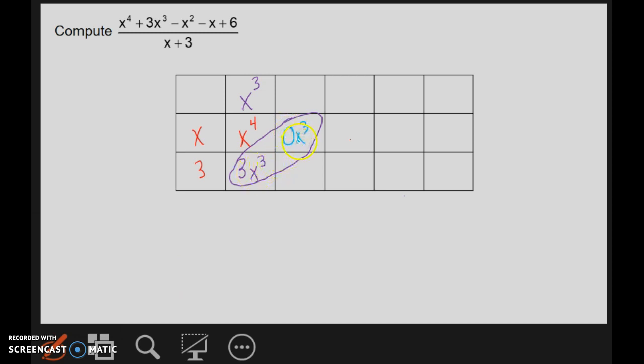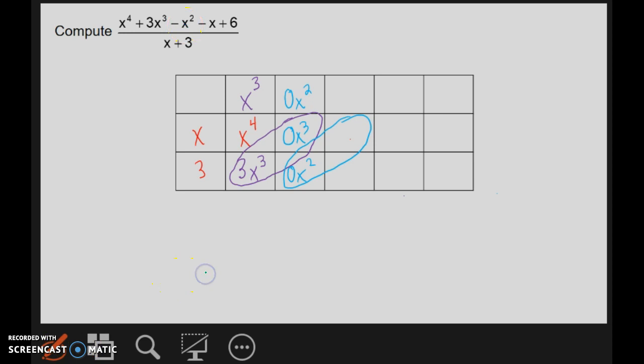It's 3x to the third plus 0x to the third gives me 3x to the third. Okay, based on that, x times something gives me 0x to the third. That must have been 0x squared, which would then make this 0x squared when I multiply through. And again, my like terms are on the diagonal. So together, these two x squared terms have to give me a negative 1.